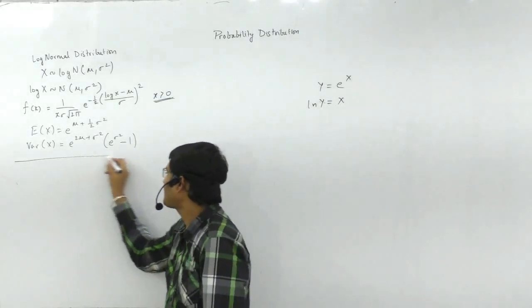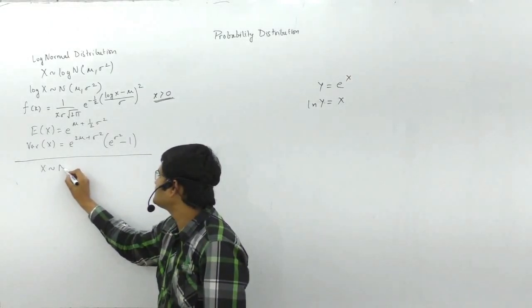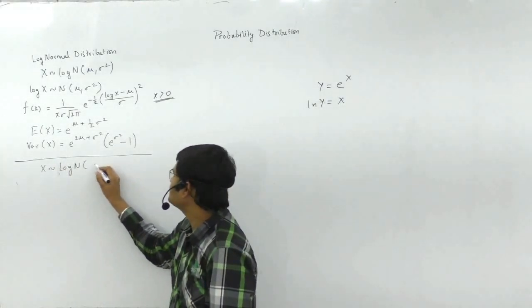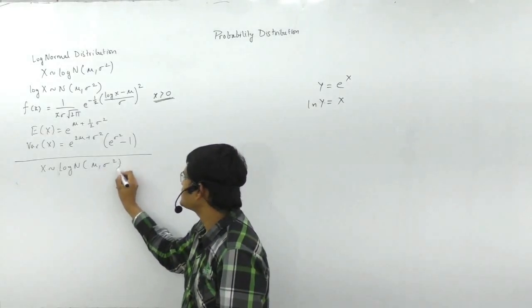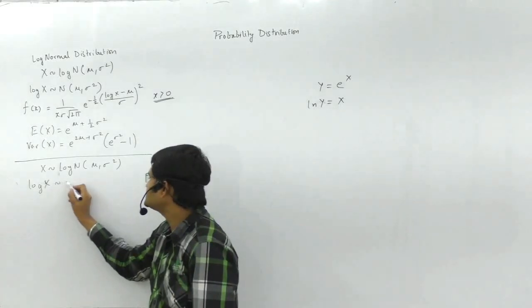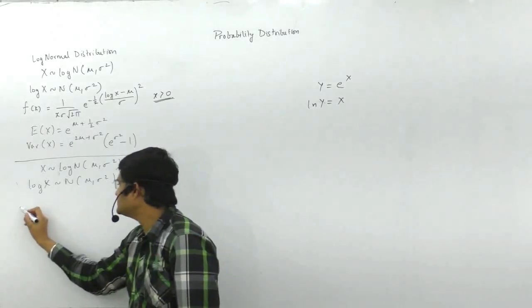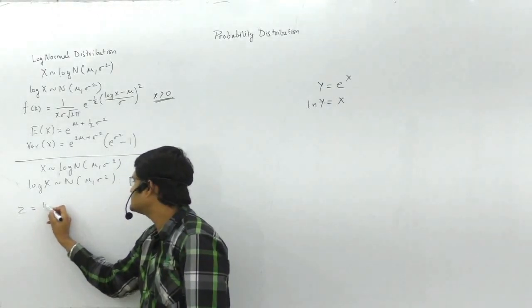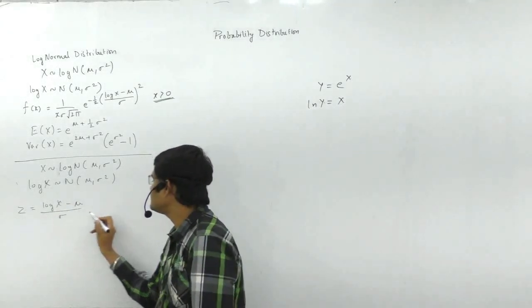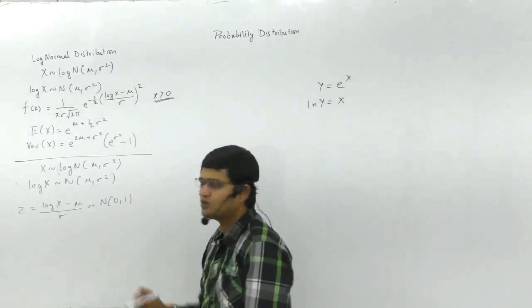So if I need to find probabilities for a variable x that is following log normal distribution with mu, sigma square, then first we'll convert it into log of x following normal with mu, sigma square, and then we'll say z, which is equal to log of x minus mu upon sigma, will follow standard normal, that is 0, 1.